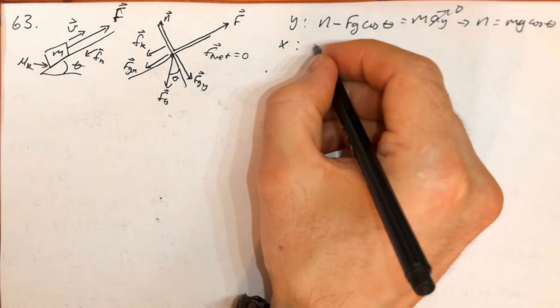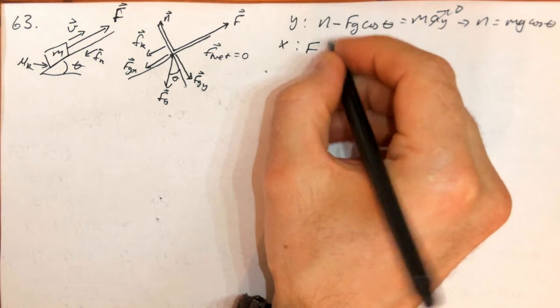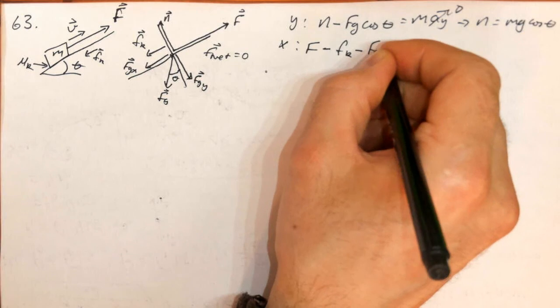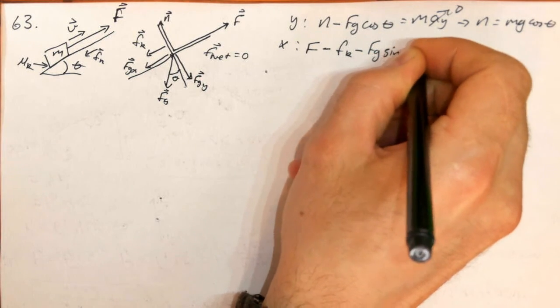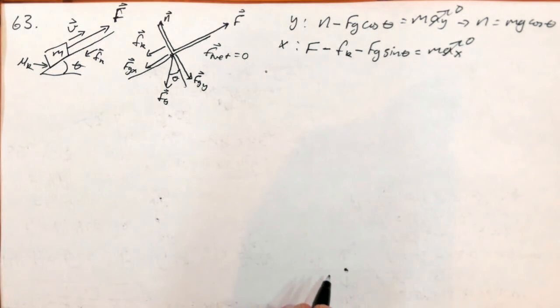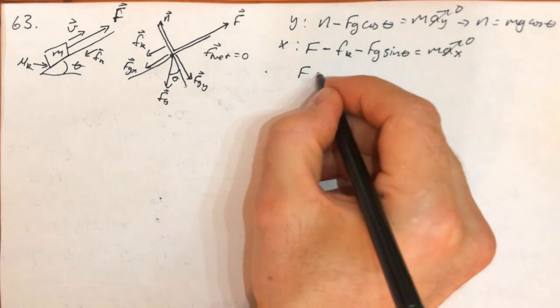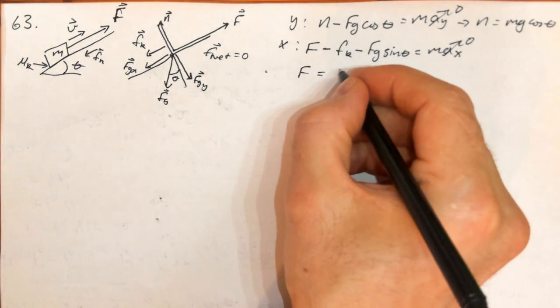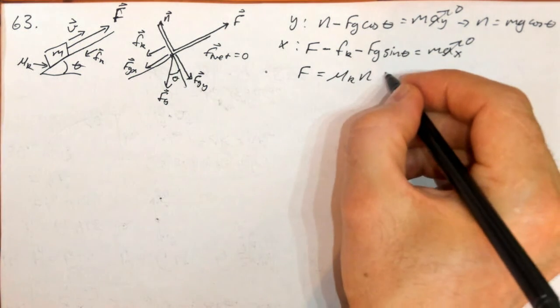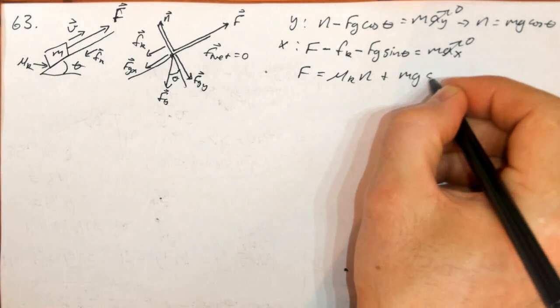In the x direction, we have this pull force, F, minus the frictional force, minus Fg sine of theta, equals m a_x, which is also 0. That allows us to say F equals Fk, which is mu k times the normal force, plus mg sine of theta.